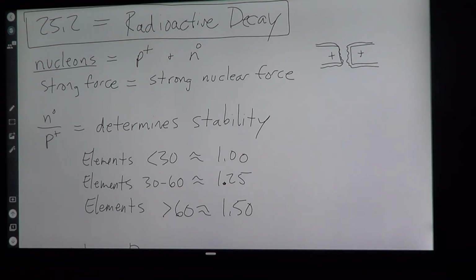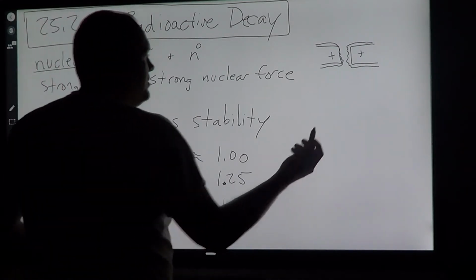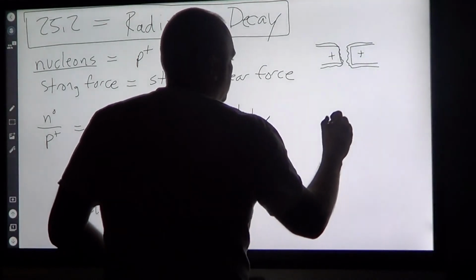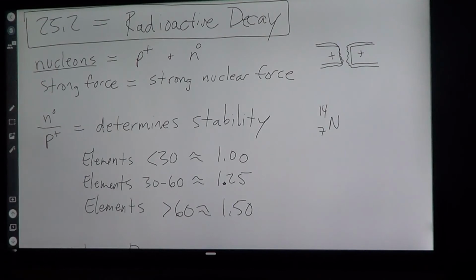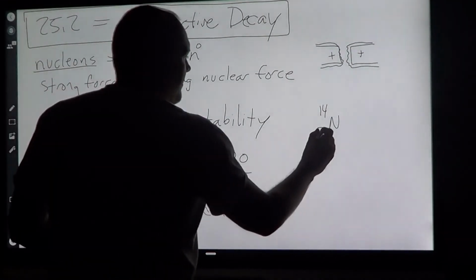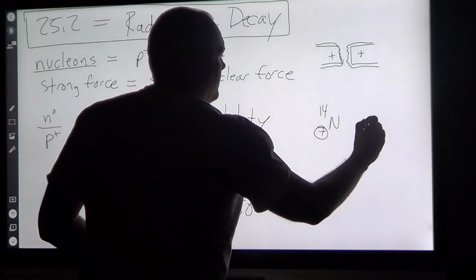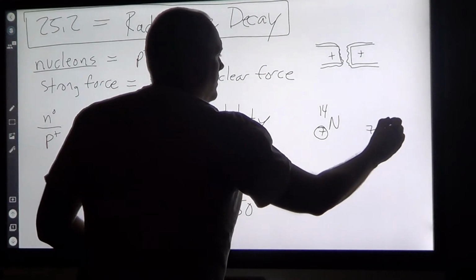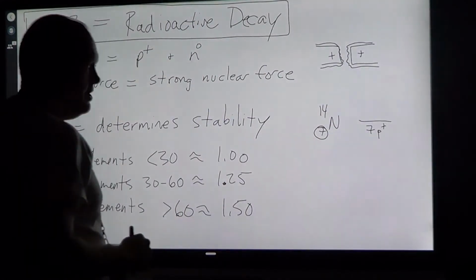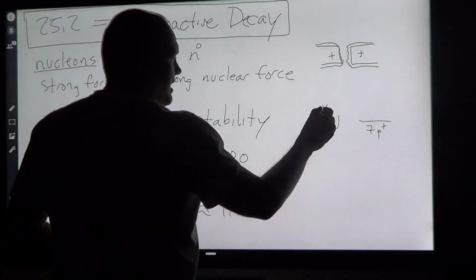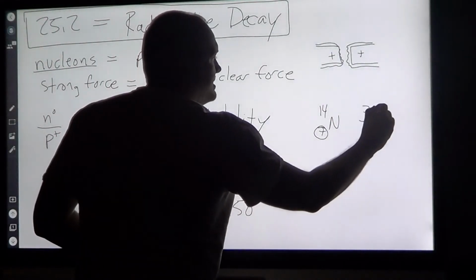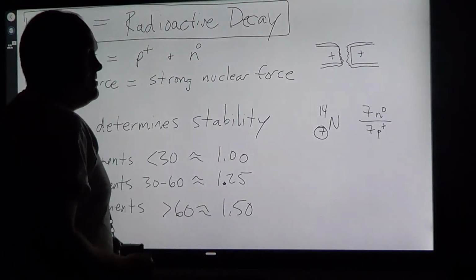Back when we first learned how to do these things, for instance, the average atom of nitrogen contains 7 protons, because that's its atomic number. And that's the mass number, 14, so that contains the protons and the neutrons. If we subtract 14 minus 7, we get 7 neutrons.